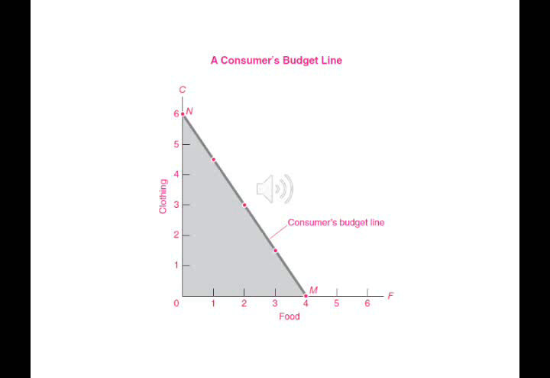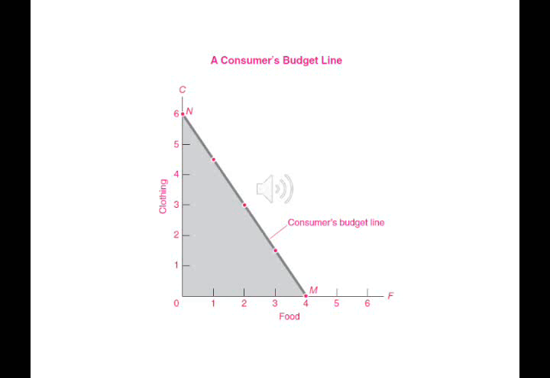So this will be equal to income divided by the price of clothes, divided by income over the price of food. This will give us an expression for the slope of the budget line, which will be equal to minus PF over PC.